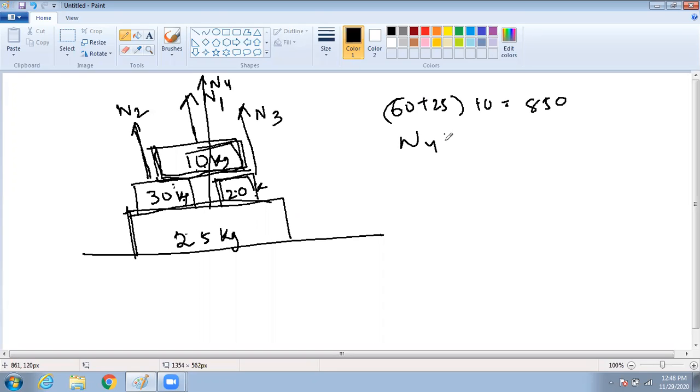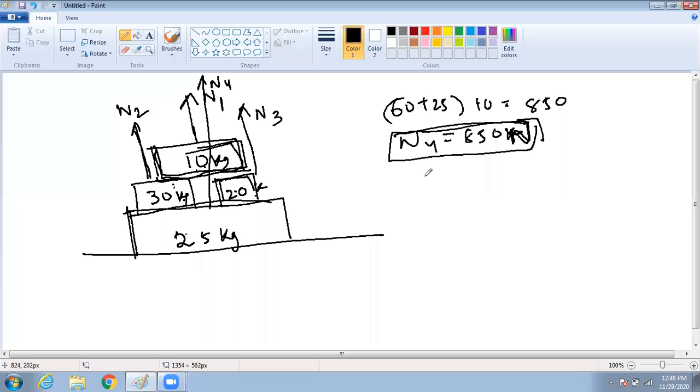So N4 is 850. Clear? Anybody? 850 Newton, always write Newton, it's a force, so 850 Newton. Okay, everybody got 850 Newton? यस सर। Yes, sir. Devika, you got? Devika?